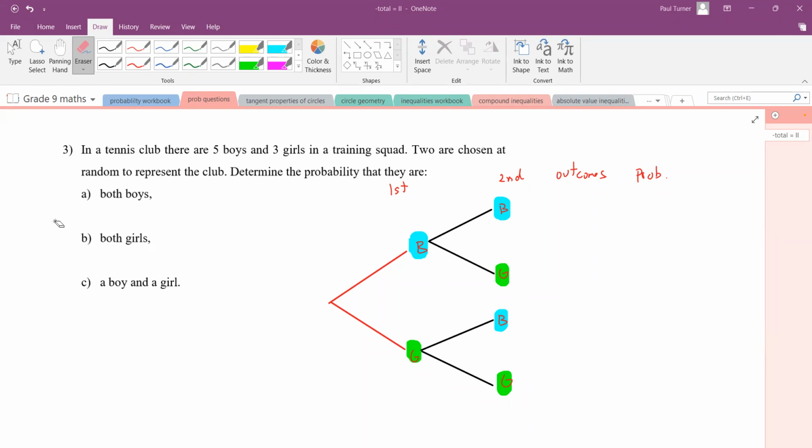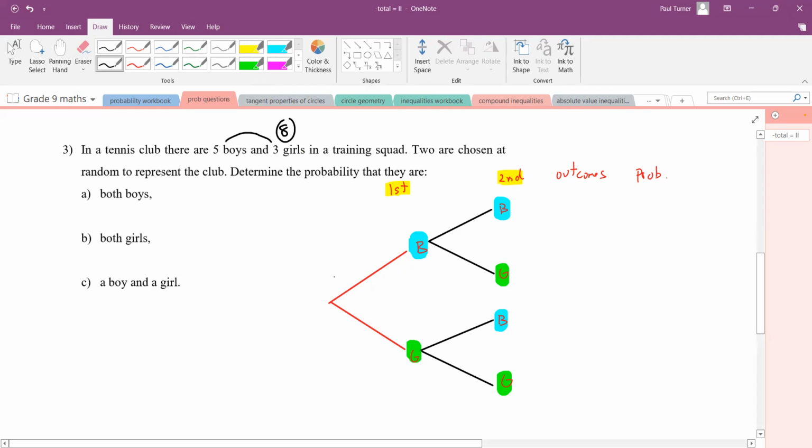So I've already set the tree up here, where I've got the first student here and the second student here. And you can either have a boy or a girl at each step. We notice that the total number available to be selected is 8: 5 boys and 3 girls.